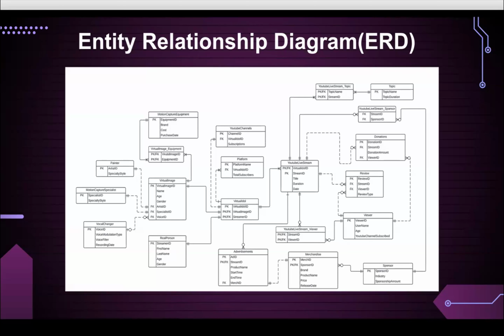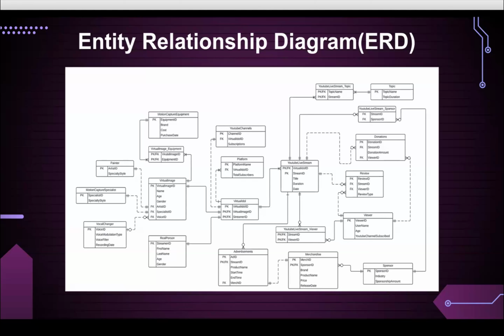We also focus on the live stream. So in this order, we create different entities related to them. Am I clear? Yeah, thank you.